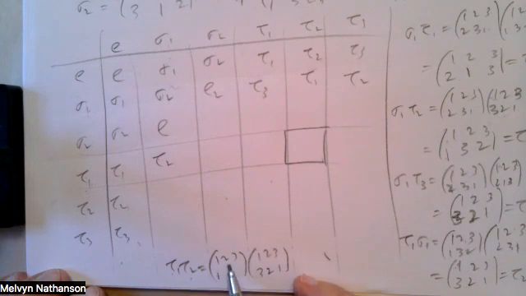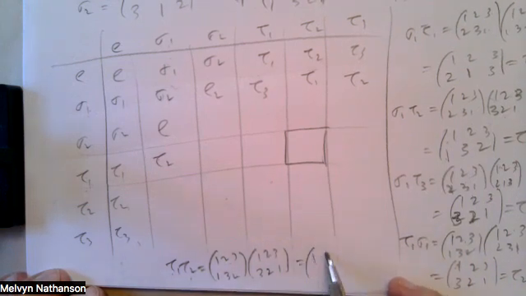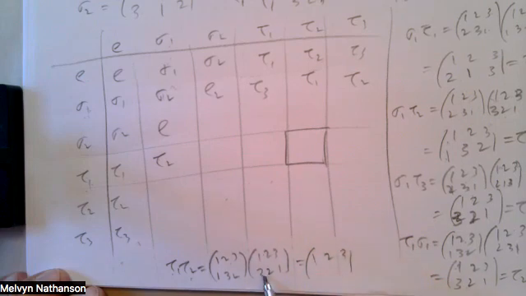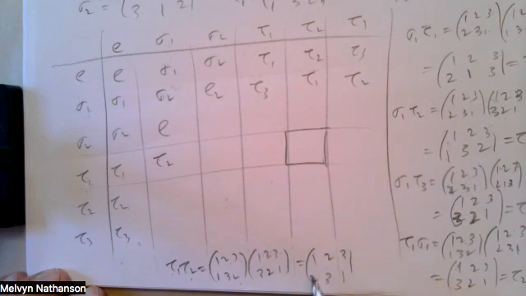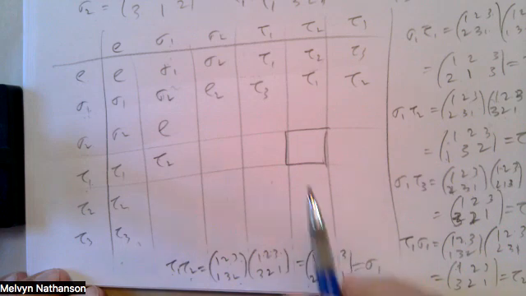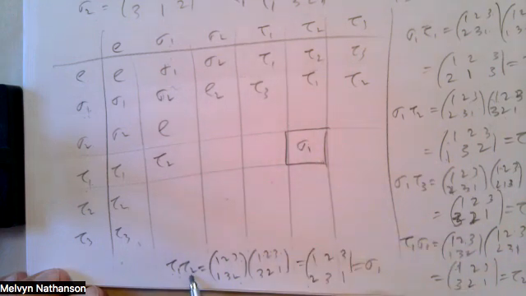Tau 1 fixes 1 and interchanges 2 and 3. So this sends 1 to 3 and 3 to 2. This sends 2 to 2 and 2 to 3. This sends 3 to 1 and 1 to 1. So 1 goes to 2, 2 goes to 3, 3 goes to 1. This is exactly sigma 1. So tau 1 tau 2 is sigma 1.